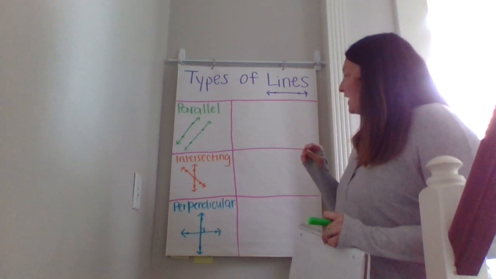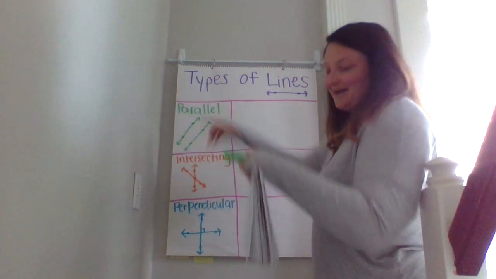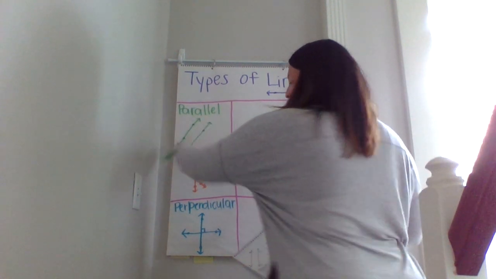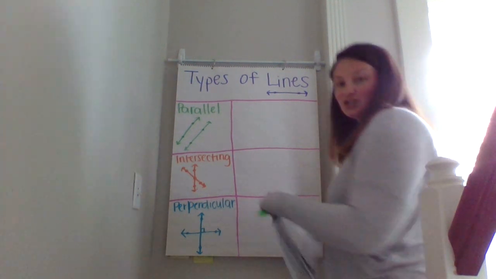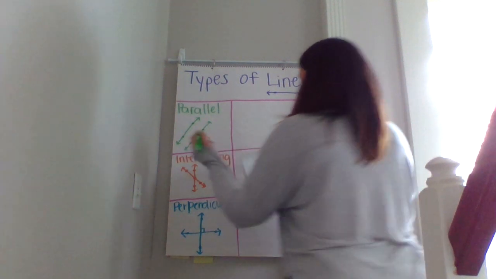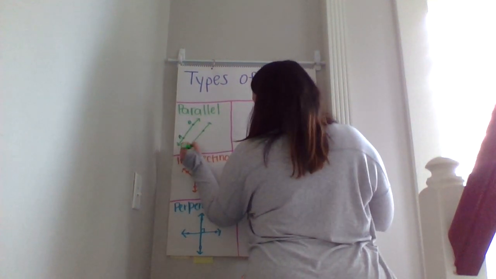So the first type are parallel lines, okay? So parallel lines are two lines that run side by side with each other, and they never touch, okay? So this would be line AB, this is line CD.